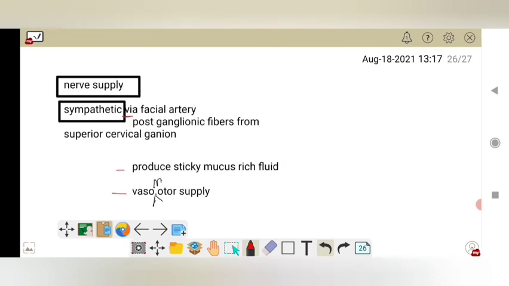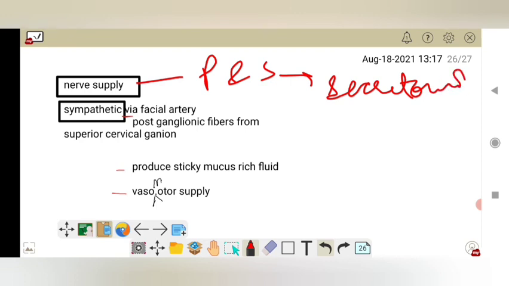Now, nerve supply is important. Both parasympathetic and sympathetic nerves supply submandibular gland. Both are secretomotor for gland. Sympathetic nerve comes via winding around the facial artery.